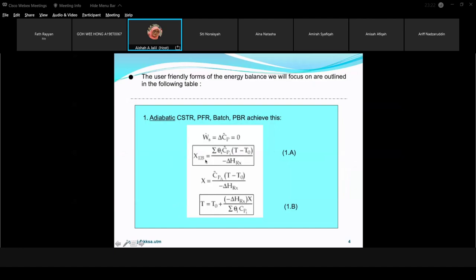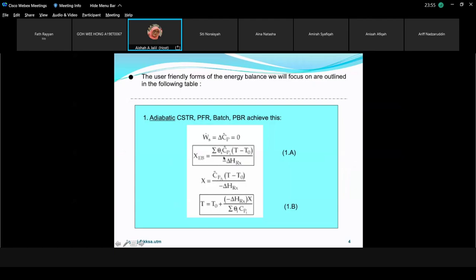Okay, here you just remember X_EB, X for energy balance, is equal to the sum of theta_i times C_Pi, heat capacity, times (T minus T naught), over negative delta H_RX, the heat of reaction. And if the ratio is just A to B, this becomes like this.